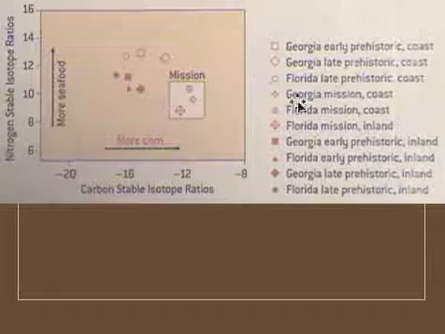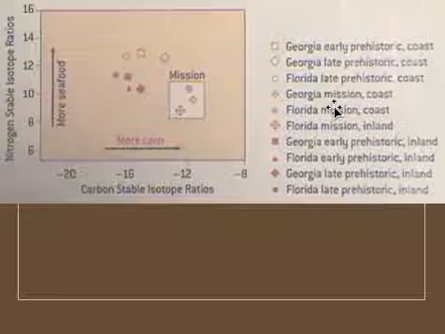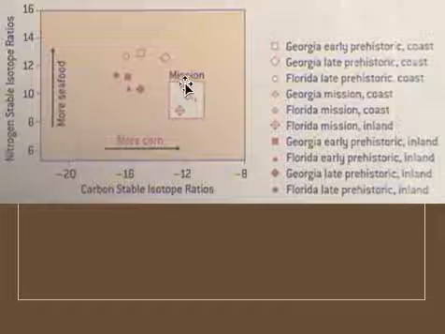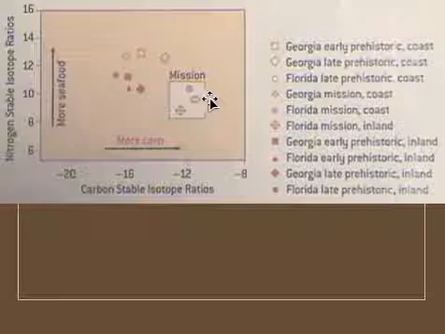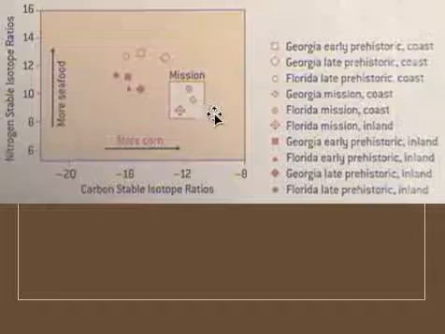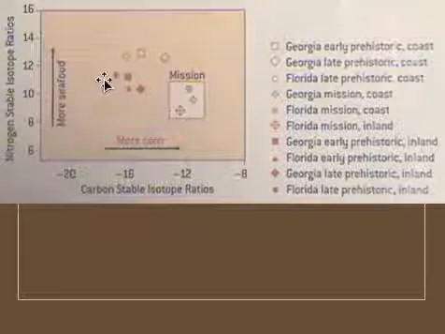But the interesting thing is when you look at the mission period, Florida and Georgia, you can see there's a real heavy emphasis on corn in the diet, and less on seafood. And so probably their diet, once the Spanish were there, and they had been living under Spanish rule for a while, most likely their diet got worse, not better.